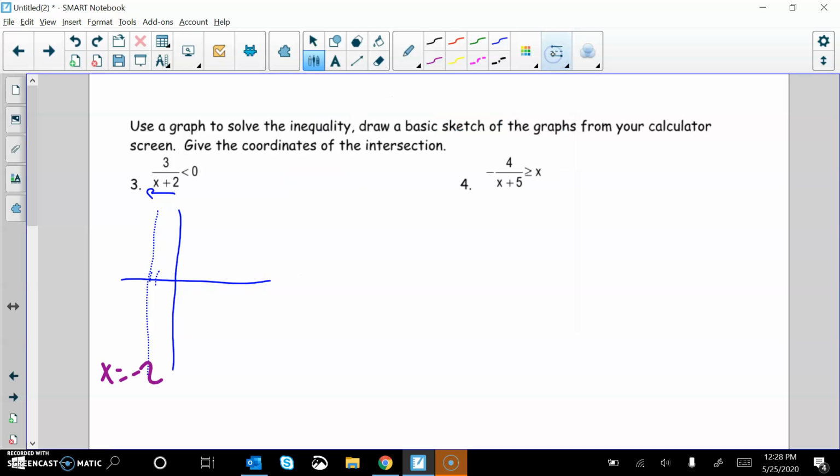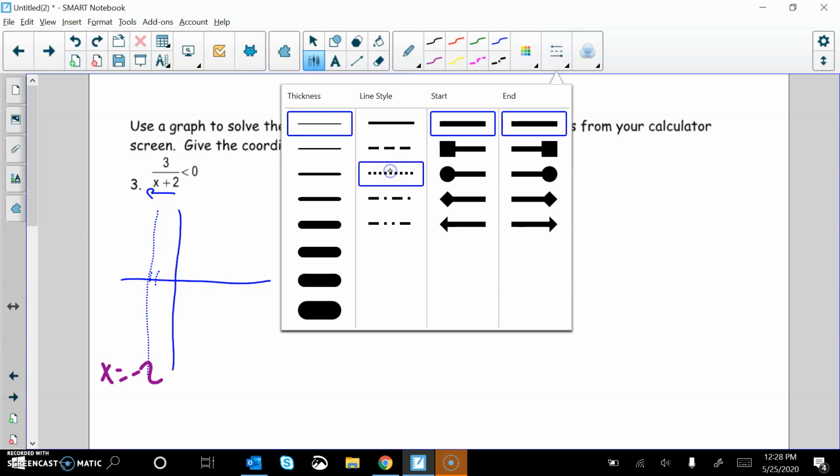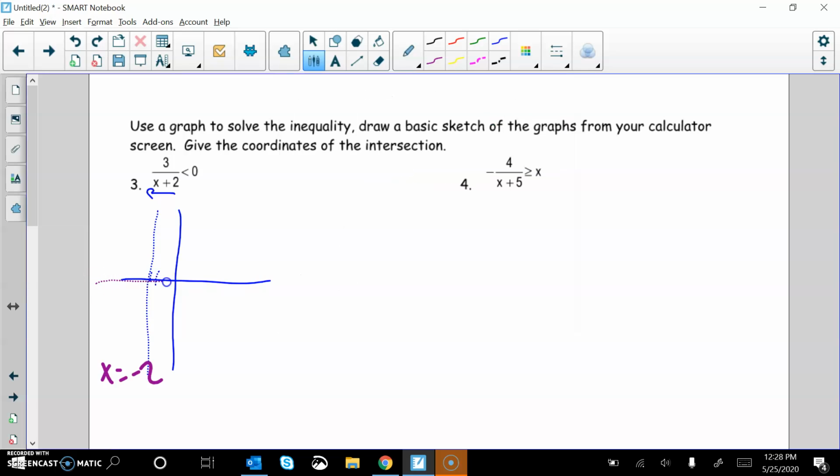There's no vertical translation, so in that case, the horizontal asymptote will stay the x-axis at the line y equal to 0. So there are no x-intercepts. There's not much more that we really have to do.